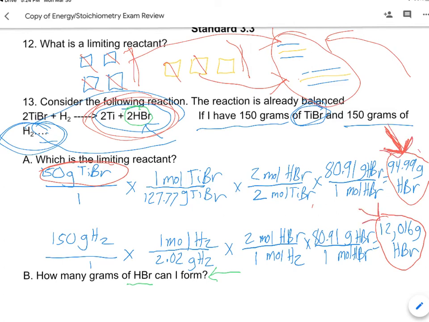I could make this many grams with the hydrogen, but really, I could only make this many grams because I'm going to run out of titanium bromide before I run out of hydrogen. So my limiting reactant is the titanium bromide. And then for part B, how many grams can I form? It's that 94.99 grams, the smaller number.